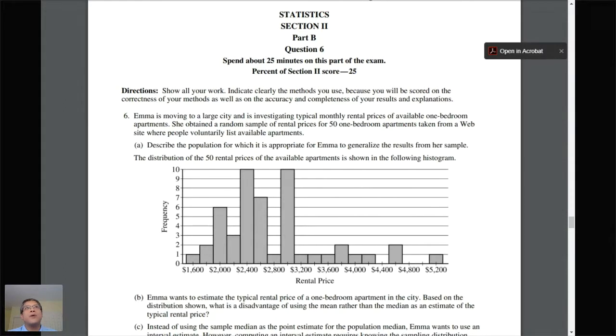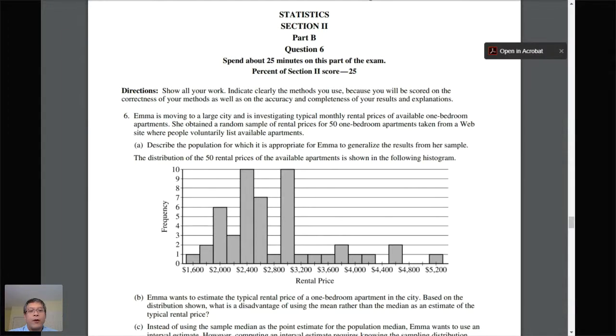It's important to think about the practice. Imagine Emma doing this, and then look at what we hope to do. The population of interest might be one-bedroom apartments in the whole city, but that's not where we sampled from. We just sampled them out of this website where people voluntarily listed their apartments.